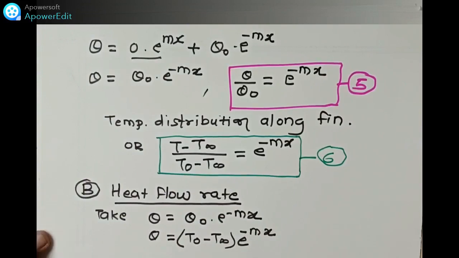Now differentiate this equation with respect to x.